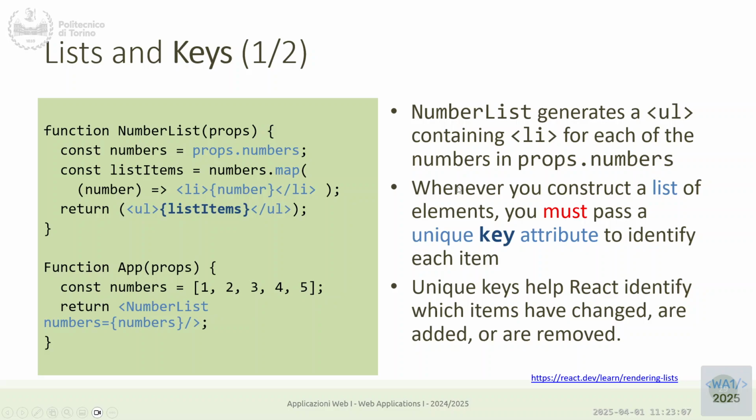Whenever we render a list, normally doing that with a map, so we are mapping something into a component, a list of components, we must add an extra attribute called key to each child that we are generating.